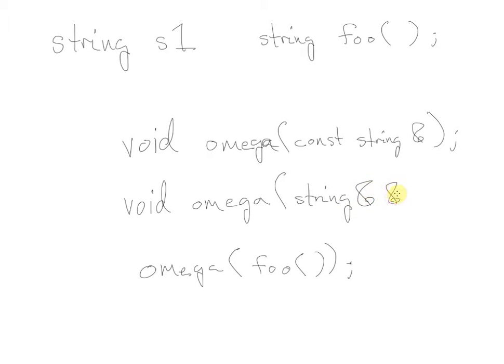This stands for R value reference. Yes, we can have a mutable reference to a temporary with the R value reference construct. So we can have an implementation for omega where it manipulates temporary data, which in our case would be the temporary string returned by foo.